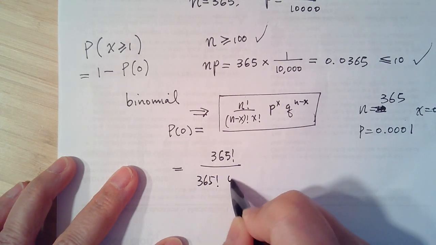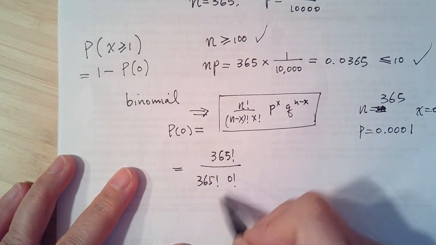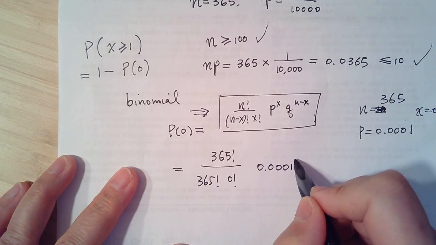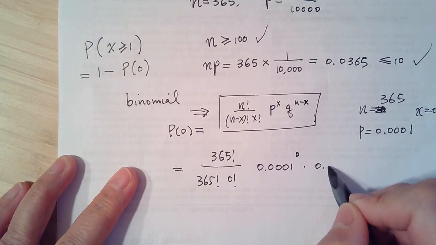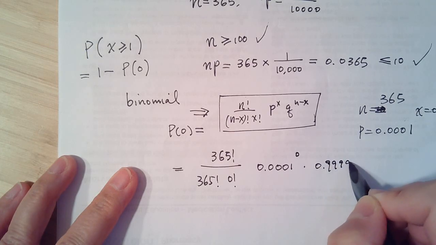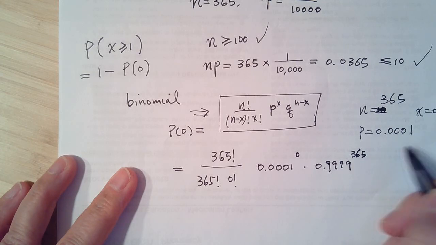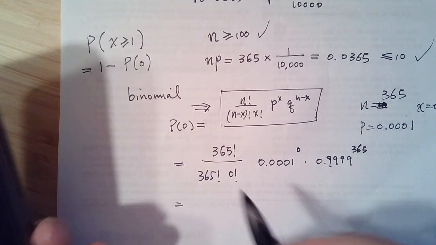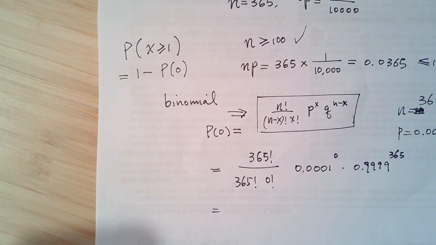And p to the power of 0 is 1. Then we only need to do 0.9999 to the power of 365.